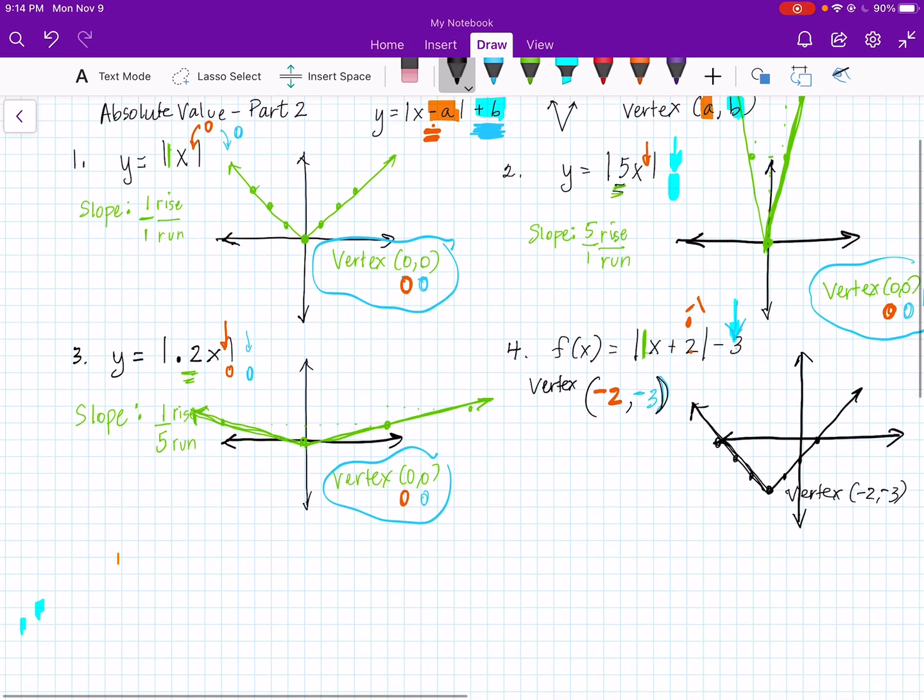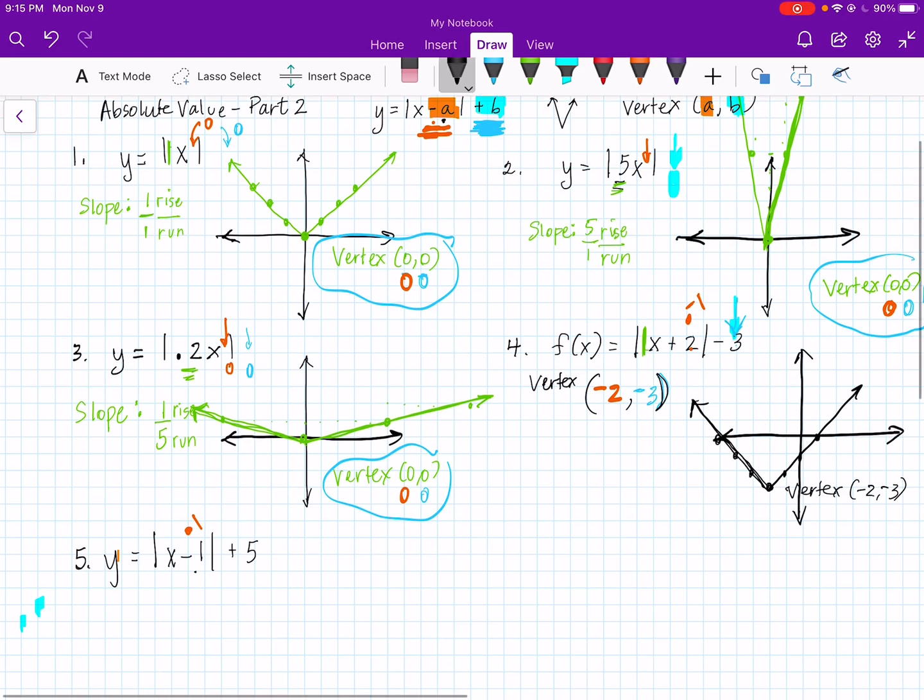All right, let's just do a couple more. So number 5. Number 5 is y equals absolute value of x minus 1 plus 5. So according to here, a is on the inside, which is here, but I've got to times it by a -1 because it's a negative a. So the a would be -1 times 1, which is -1.